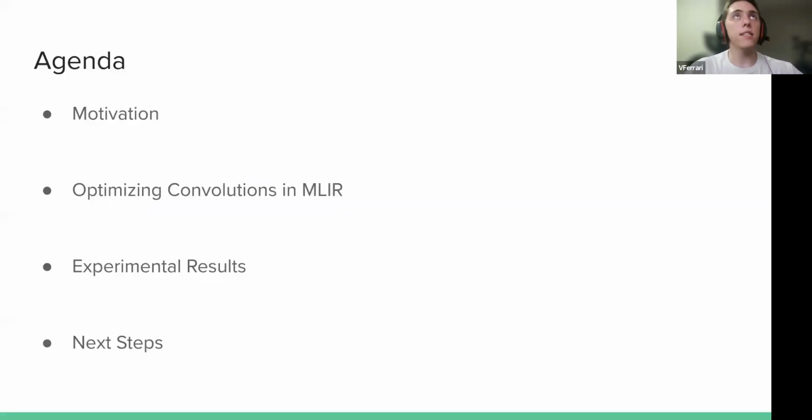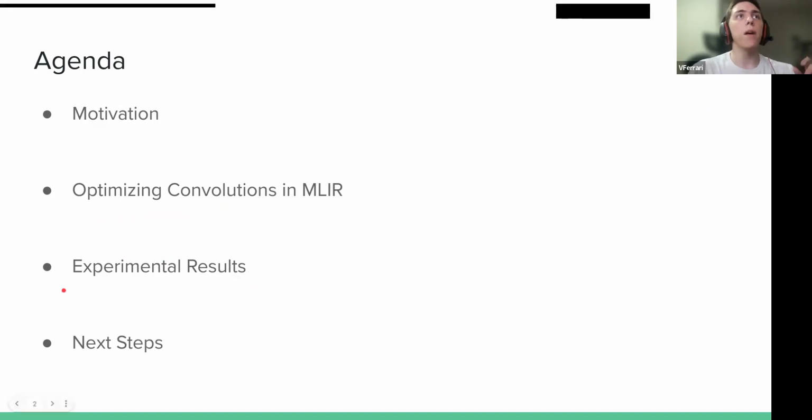So the agenda is as follows. We're going to start with a little motivation, talk about convolution, why convolution is important, and how it works. We need to know exactly what is a convolution so that we can know how to optimize it and how to make it faster. Then we're going to talk about the algorithm and more specifically how it is integrated into MLIR. This is the optimizing convolutions in MLIR section.